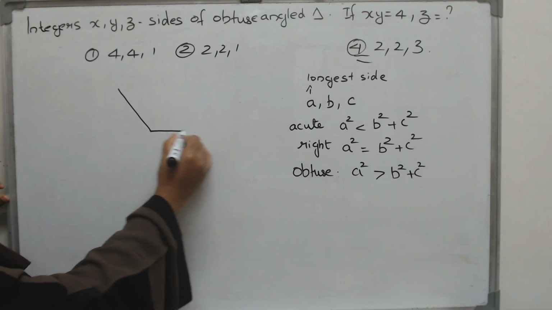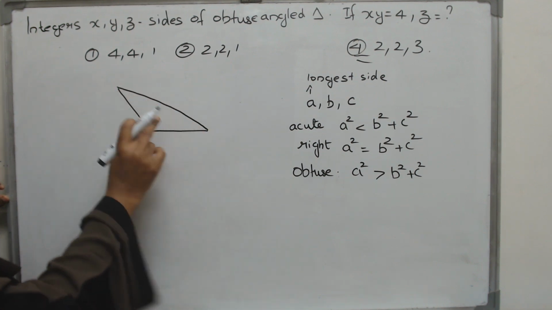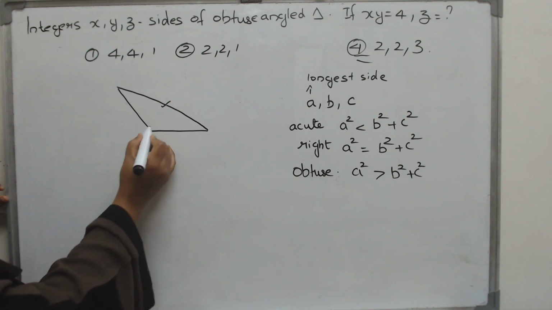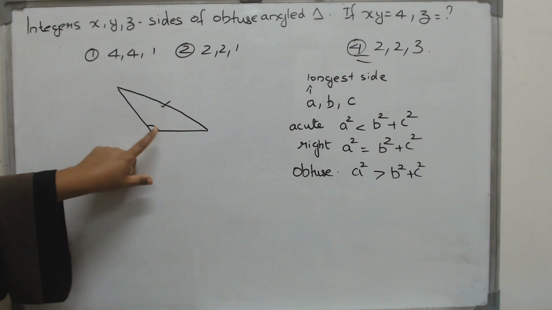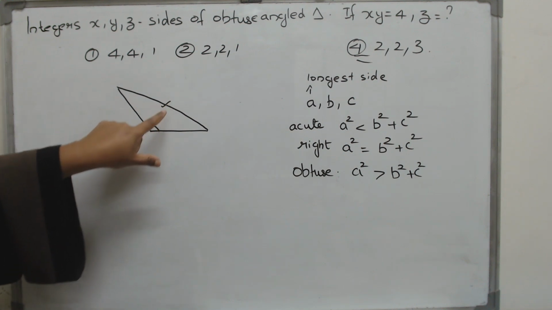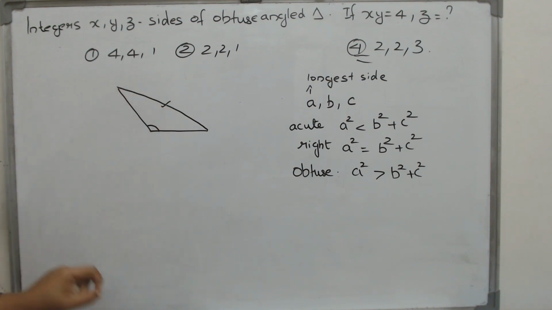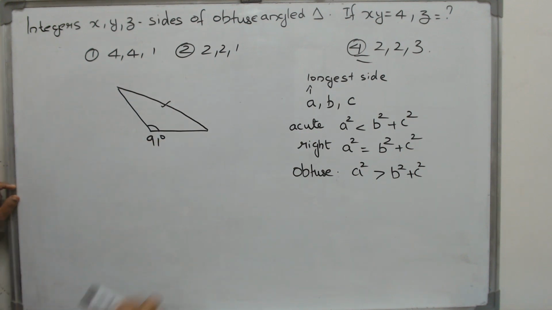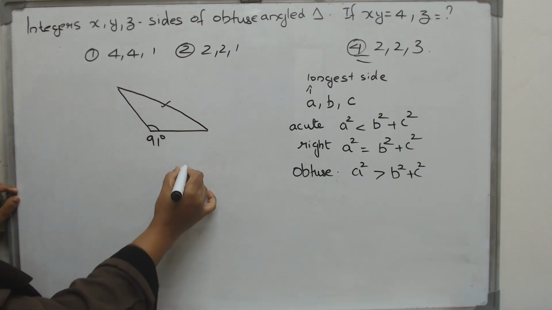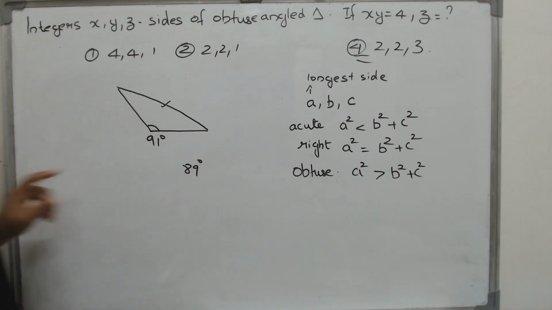If you look at any triangle, the measure of a side is dependent on its opposite angle. The greater the angle, the greater will be the side opposite to it. But in an obtuse angled triangle, you can get only one obtuse angle. For example, suppose this is 91 degrees. Then the other two angles together should be 89 degrees, so that added you get 180 degrees.